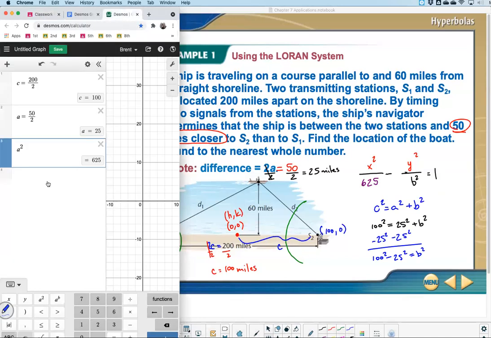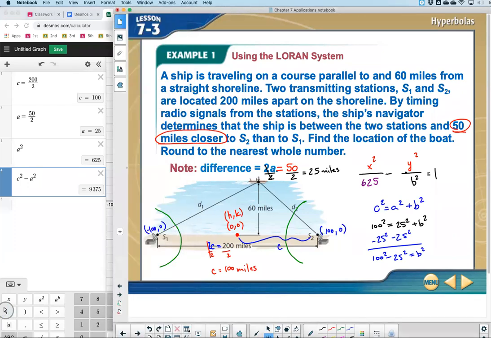On here, you don't actually have to even type that part in. What you could just do is c squared minus a squared. Notice that'll be the same value. It's 9,375. There's my formula. If you needed a formula, that would be a solution.